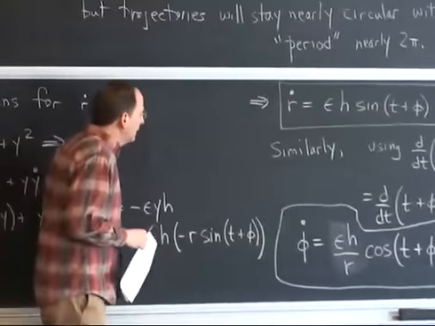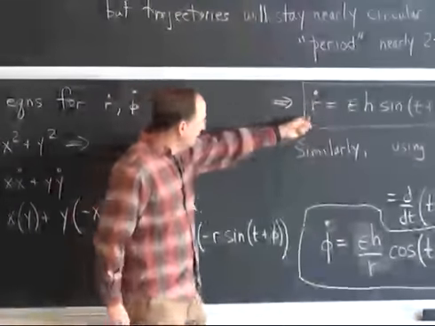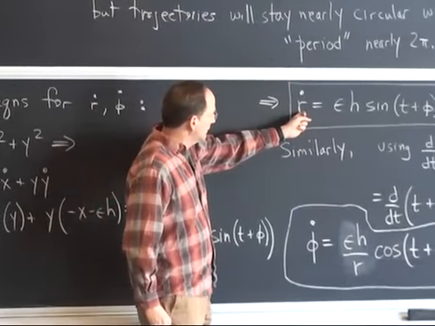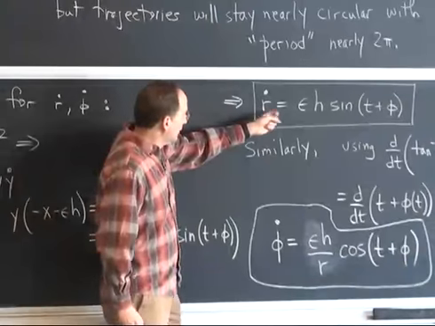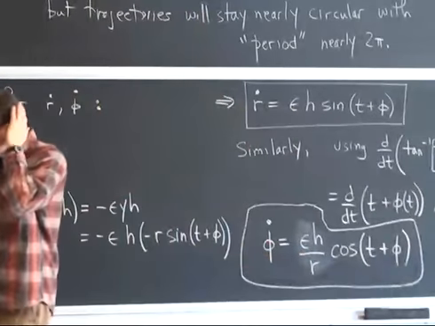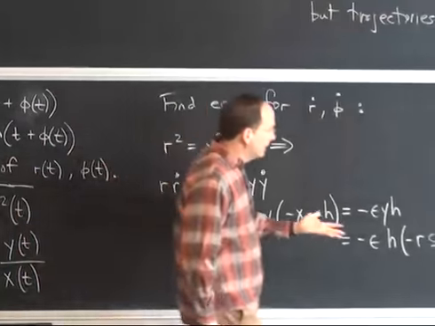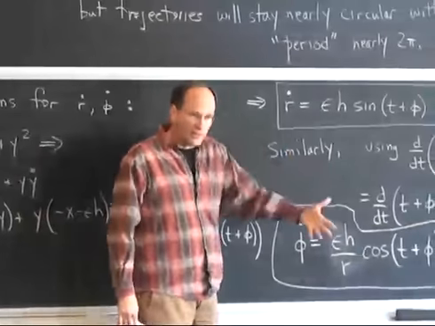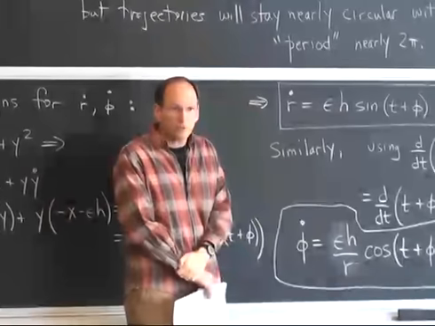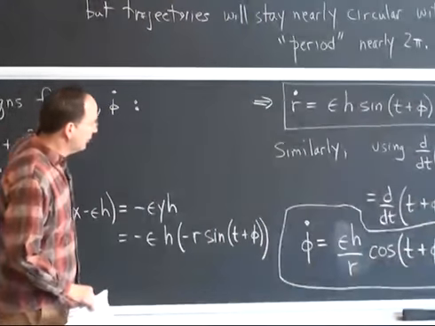Now, you can observe one thing that's nice about them. They are both order epsilon. It says r dot is epsilon times something, and phi dot is epsilon times something. And that should make sense to you, right? That's saying that r dot and phi dot are both very small, meaning they're changing slowly. r and phi are slowly evolving. That's what we said would happen based on the intuition earlier.